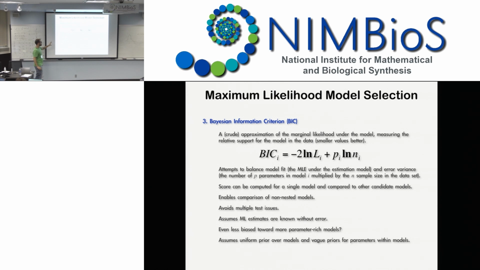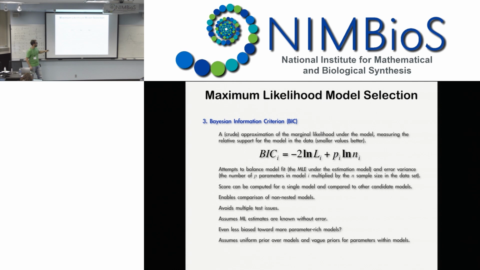And then finally, the last of the 3 different model selection criteria in frequentist inference is the Bayesian information criterion, which is not really Bayesian, but nevertheless it's called that. Here you again compute minus 2 times the log of the maximum likelihood estimate plus the number of parameters times the logarithm of the number of data points.